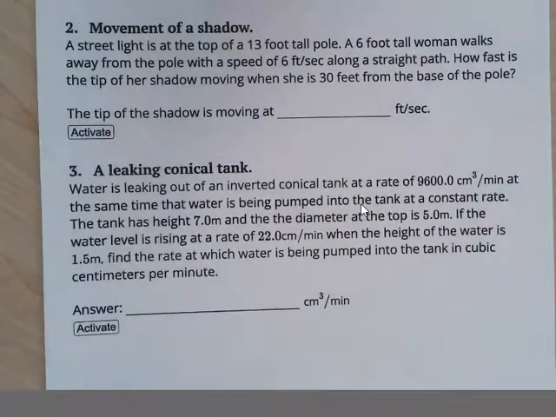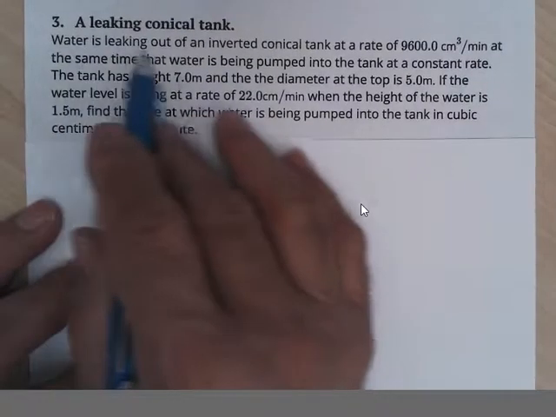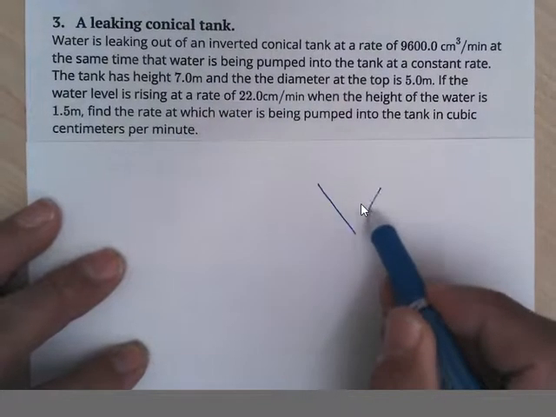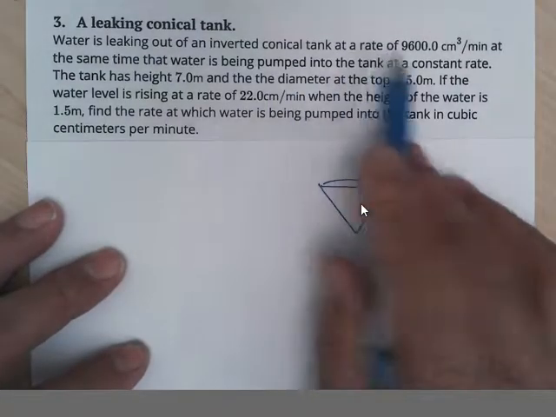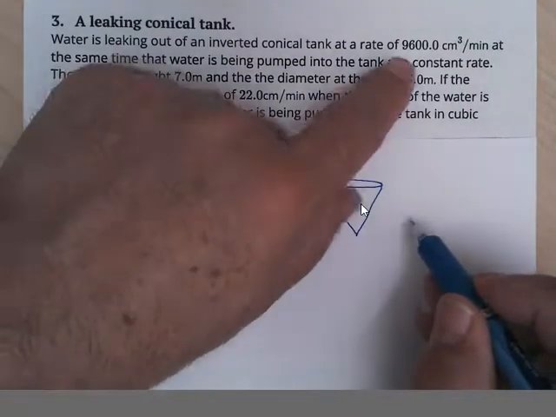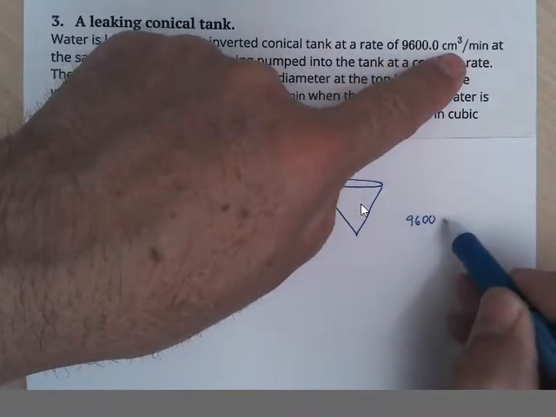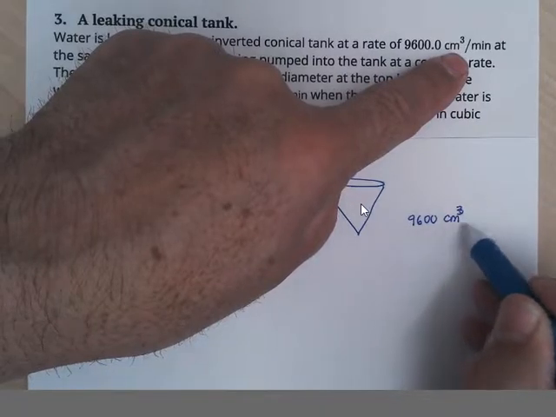Okay, number 3. Now we have a leaking conical tank. Water's leaking out of an inverted, so that's an upside down cone, tank at a rate of 9600 cubic centimeters per minute.